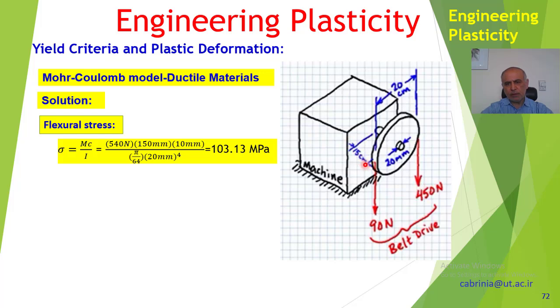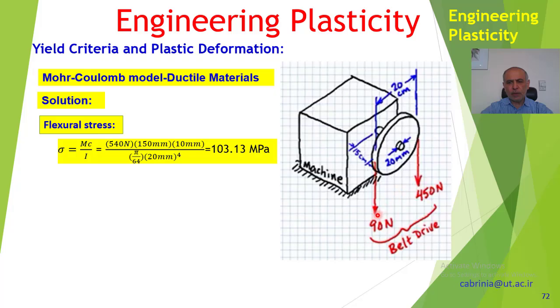This distance is 15 centimeter. Then times 10 millimeter, because the diameter of the shaft is 20 millimeter, and that 10 millimeter is c, which is equal to R.